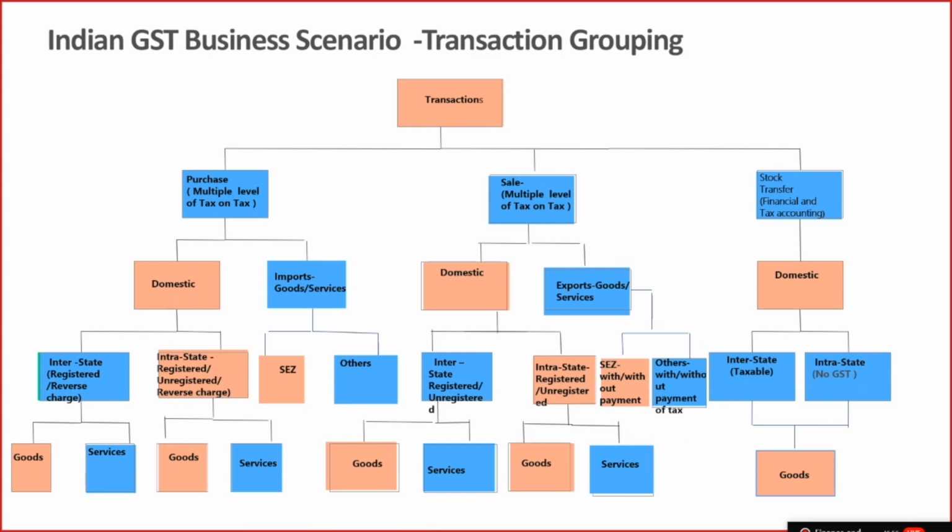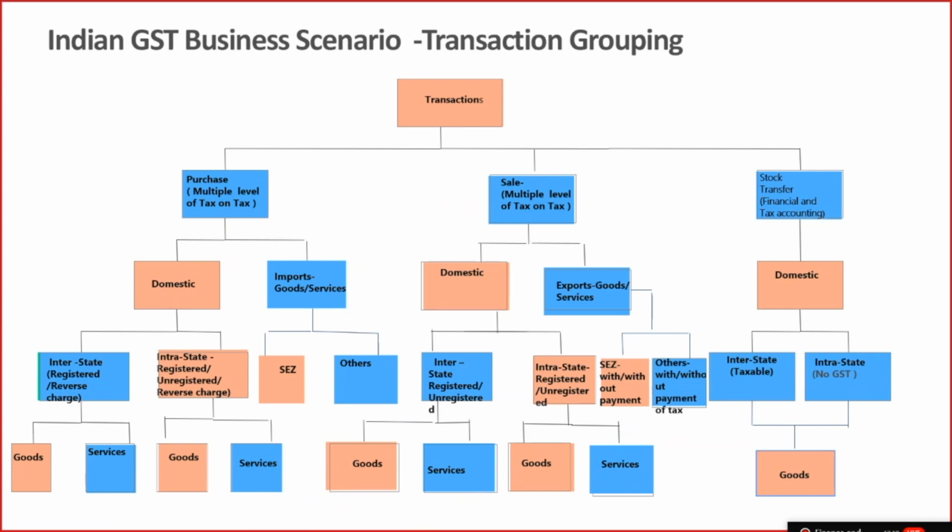We are not covering here the international stock transfer scenario, but basically these are the three types of transactions on which the GST works. Because if you see, the GSTR1 is based on sales scenarios, transactions, and GSTR2 is for purchase transactions.